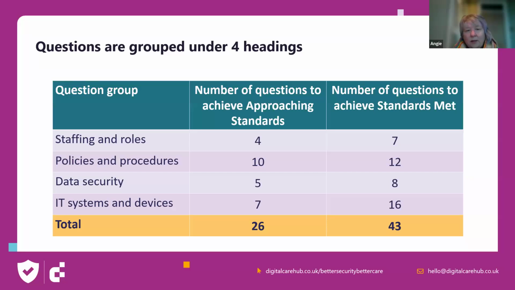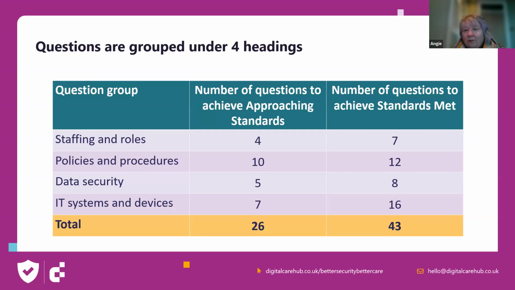If you go to the next slide, sorry, that's there. The policies and procedures, there's 10 questions to get to approaching standards, or 12 for standards met. Data security, 5 questions for approaching standards, 8 for standards met. IT systems and devices, 7 for approaching standards and 16 for standards met.